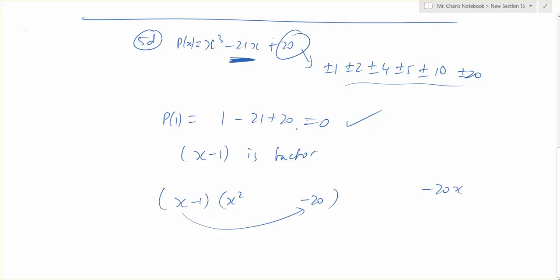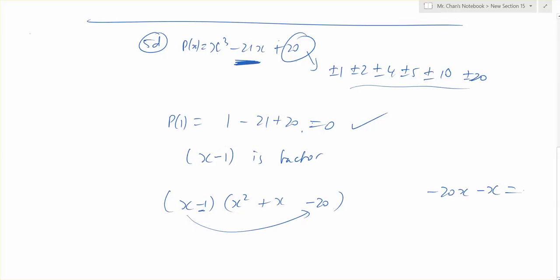We want to get a negative 21x, so the other contributor must be a negative x. So we've got a negative 1 here. This times the middle term must give you an x term, and we want a negative x, so that must be a positive x, because negative 1 times x is negative x. So that will result in my negative 21x.